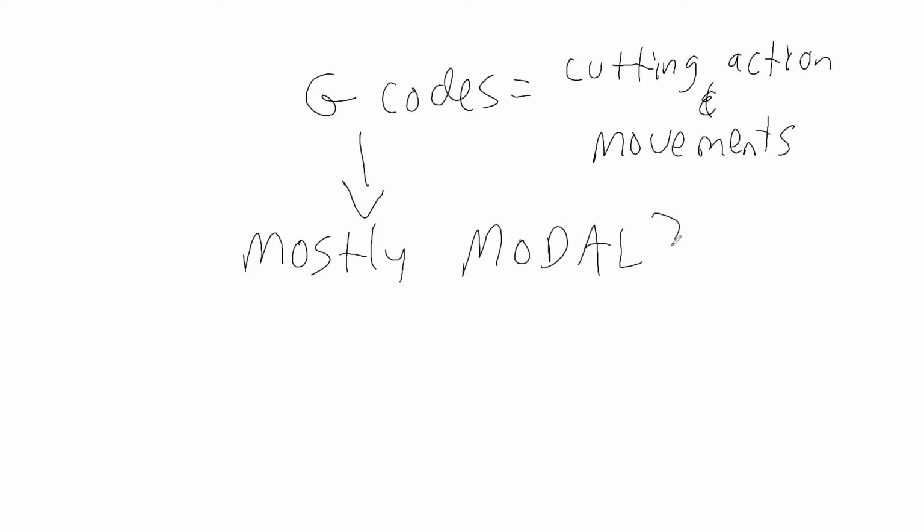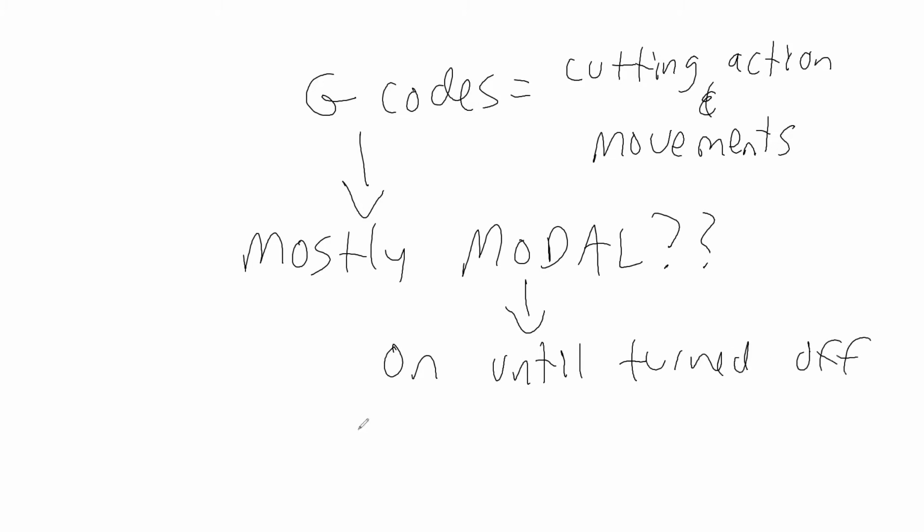But what does that mean? Well, what that means is that they are on until turned off or until you change them. Turned off or change them. Which is very important. So we need to remember that.